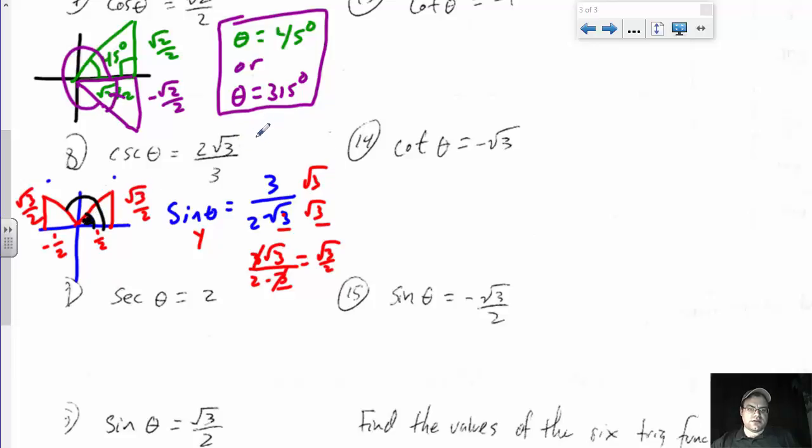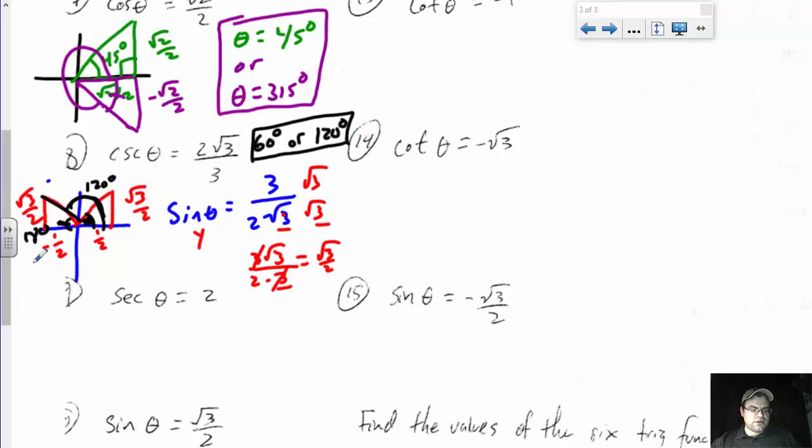So that's one of your answers, 60 degrees. Or we could say this angle here is also 60 degrees, if this is 180 and I subtract this 60 to get this angle, 180 minus 60 is 120. So it's either 60 or 120. Both of these angles will give you a cosecant with this value, in other words. So these are your answers.